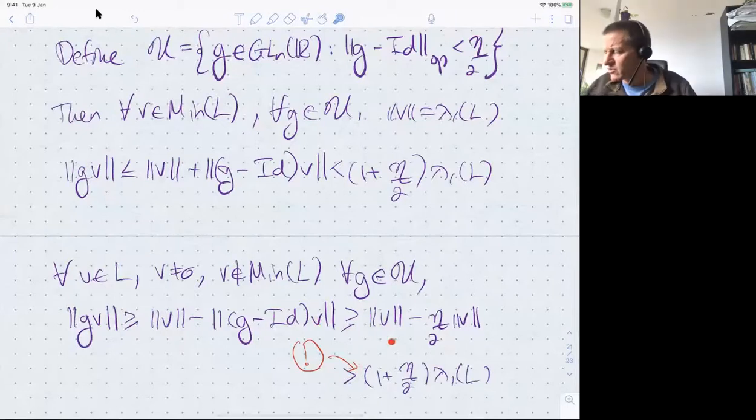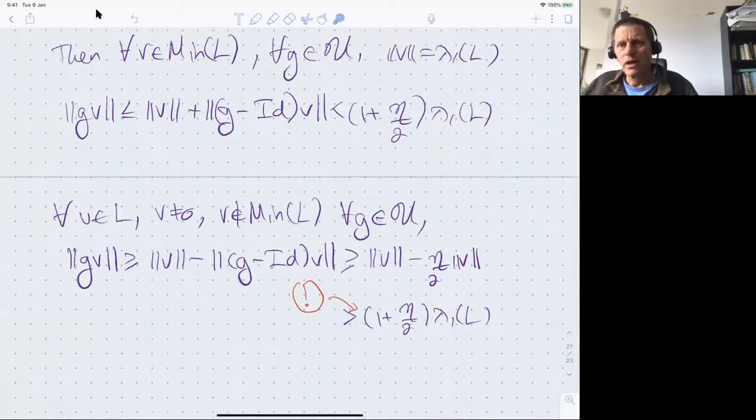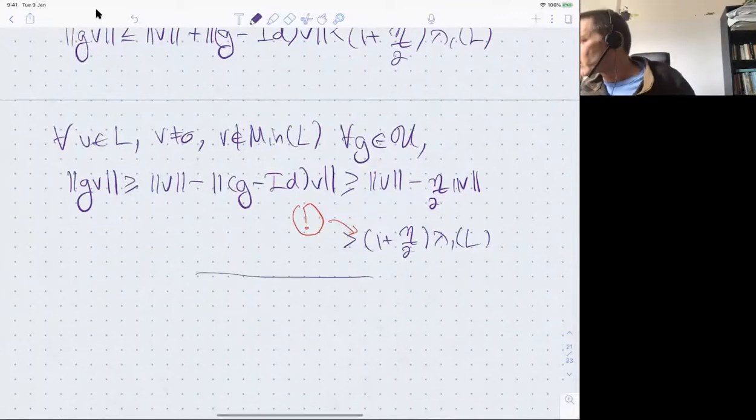I was thinking that this is lambda 1, but it's not lambda 1. I'll fix that later in the notes, but the idea should be clear. I'm sorry I'm rushing a little bit. I just want to give you the proof of the theorem. We're almost there.